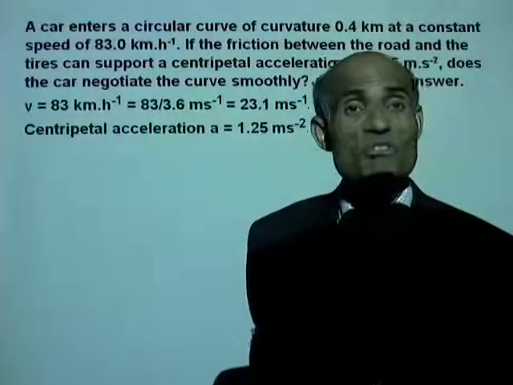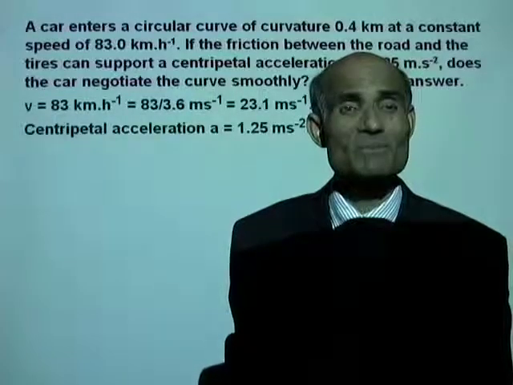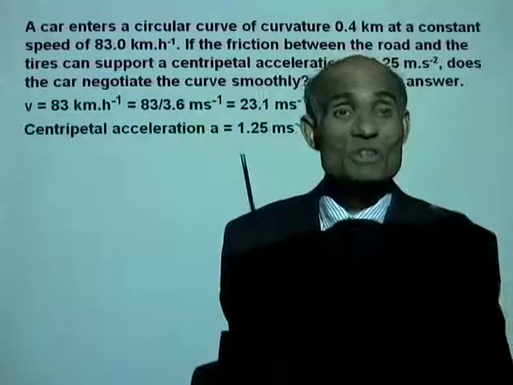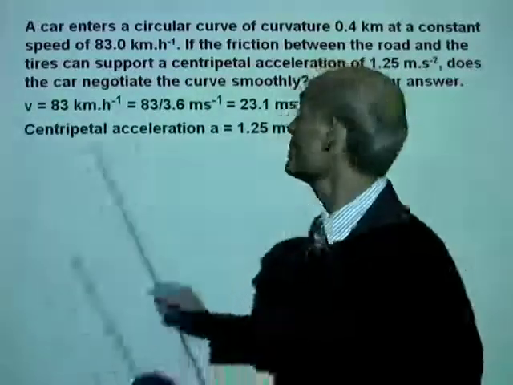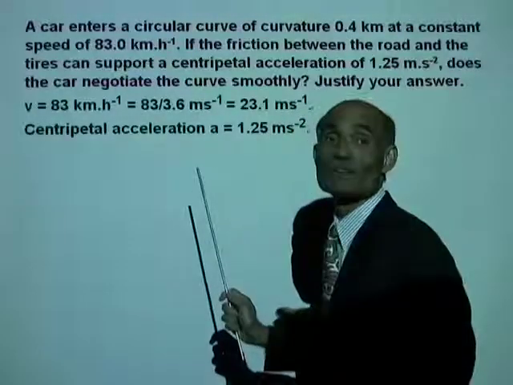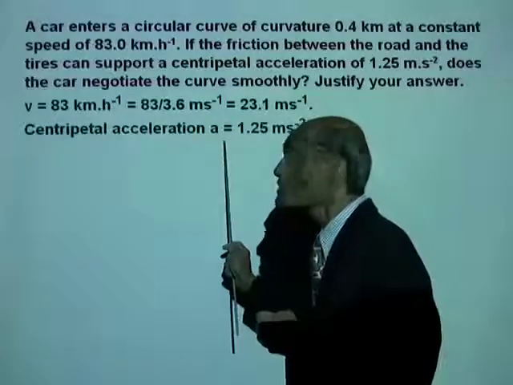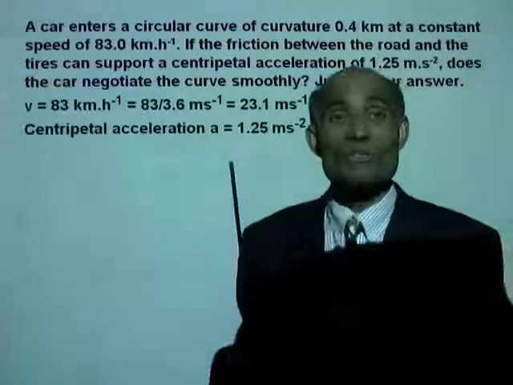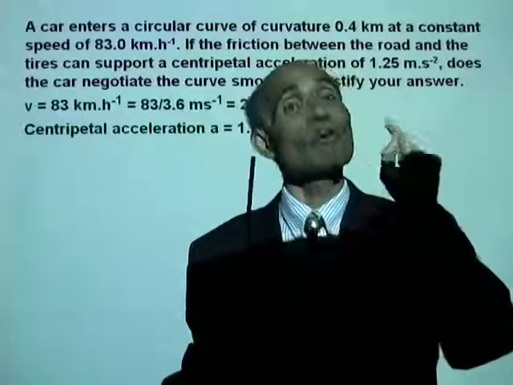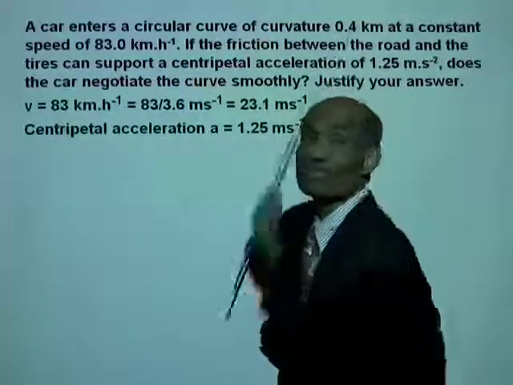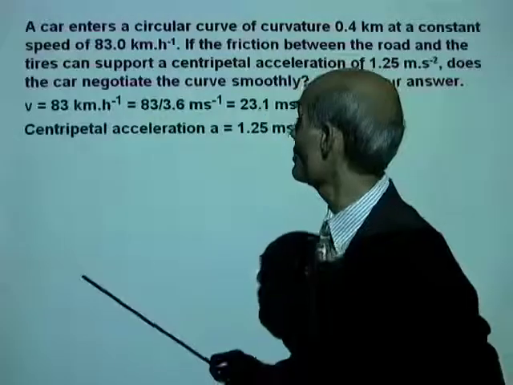What is the equation for the centripetal acceleration? Centripetal acceleration is v squared over r. We know the radius, we are given the centripetal acceleration, therefore we can calculate the safe speed for that radius of curvature, and that's what we're going to do.